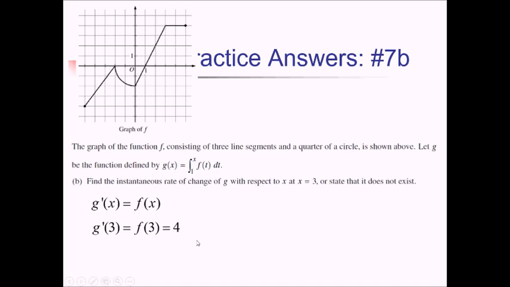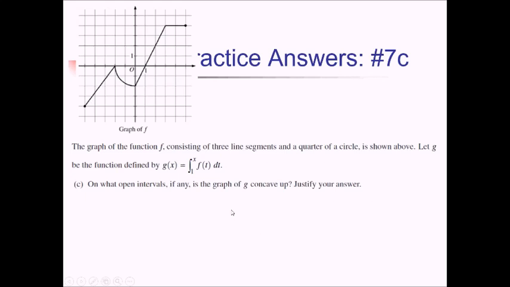And that's it. For this part of the problem, we want to know on what open intervals is the graph concave up, the graph of g. So remember, in general, g is going to be concave up where g prime is increasing. Now g prime, remember, going off of this using our fundamental theorem, g prime is really just f of x.